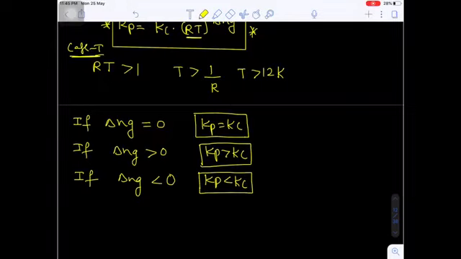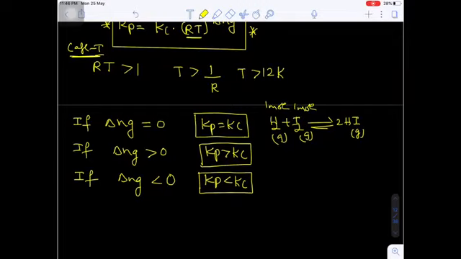I am giving some examples here. Hydrogen combining with iodine to give hydrogen iodide. All are gaseous substances. 1 mole of hydrogen and 1 mole of iodine give 2 moles of hydrogen iodide. What is the delta Ng here? Total moles of gaseous products minus total moles of gaseous reactants, that is 0.